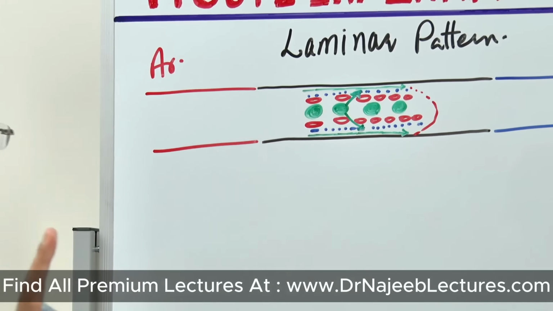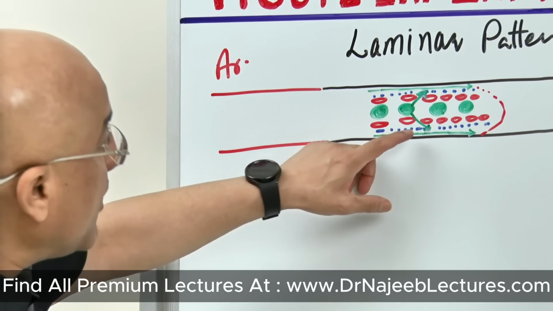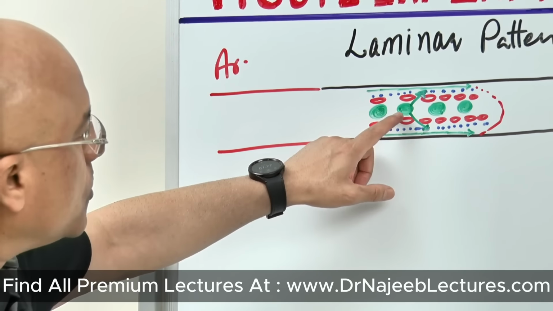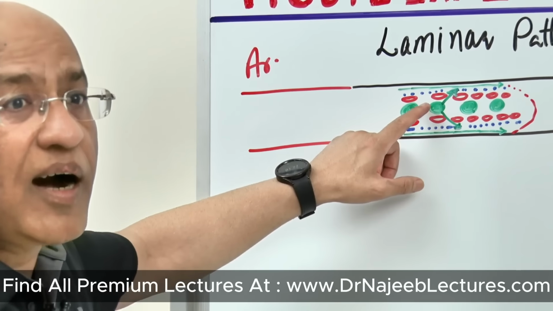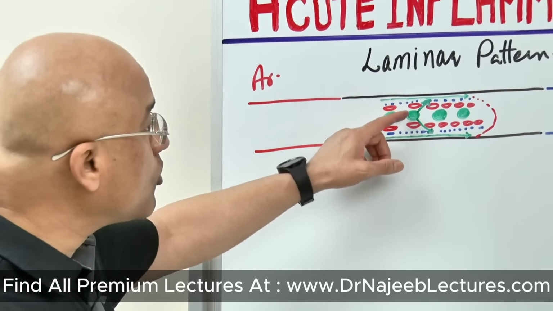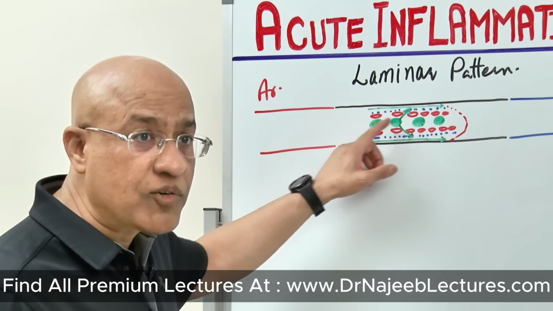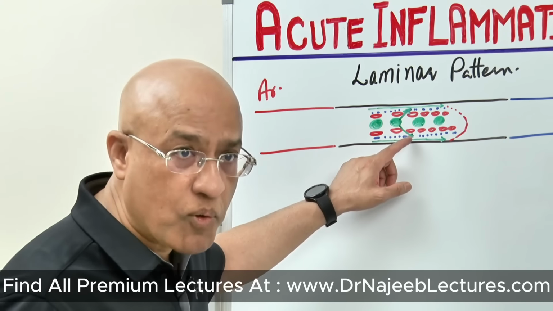I will tell you the exact mechanism of how they are pushed to the periphery. In inflamed or injured tissue, white blood cells are kicked out of the central flow and thrown to the marginal flow.